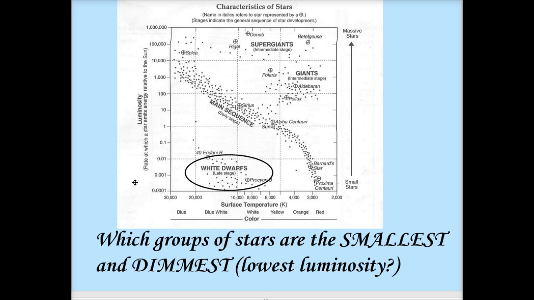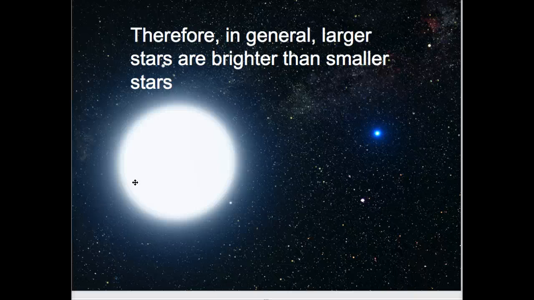Conveniently named, white dwarfs are small and not very bright compared to the supergiants, which are much brighter and much bigger, of course, hence their names. So it's important to remember that in general, larger stars are brighter than smaller stars.